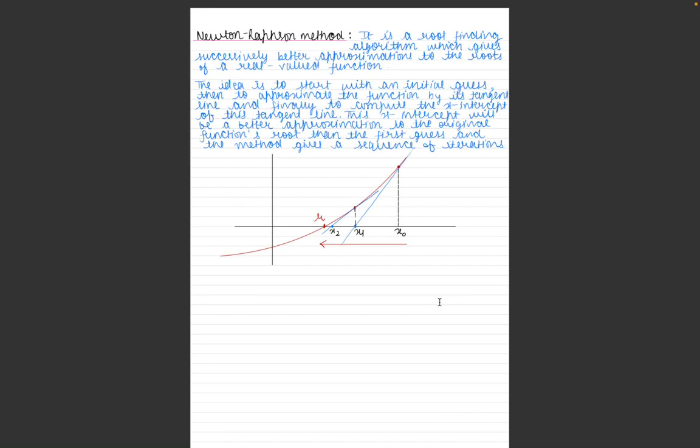If a function is once differentiable, then you can apply the Newton-Raphson method rather than the secant method. So you just need one initial guess, and under certain hypotheses the Newton-Raphson method will ensure convergence. It gives you a sequence of iteration approximations which converges to the root of the function.